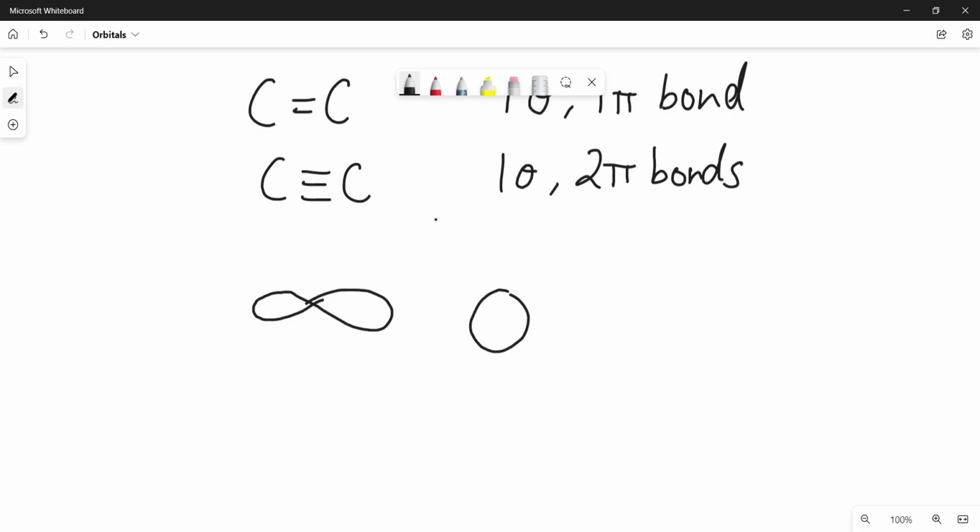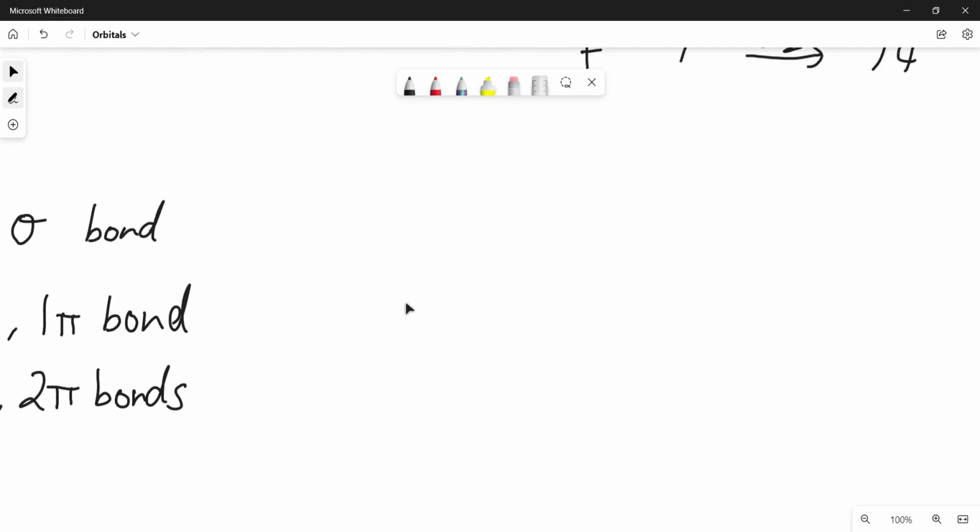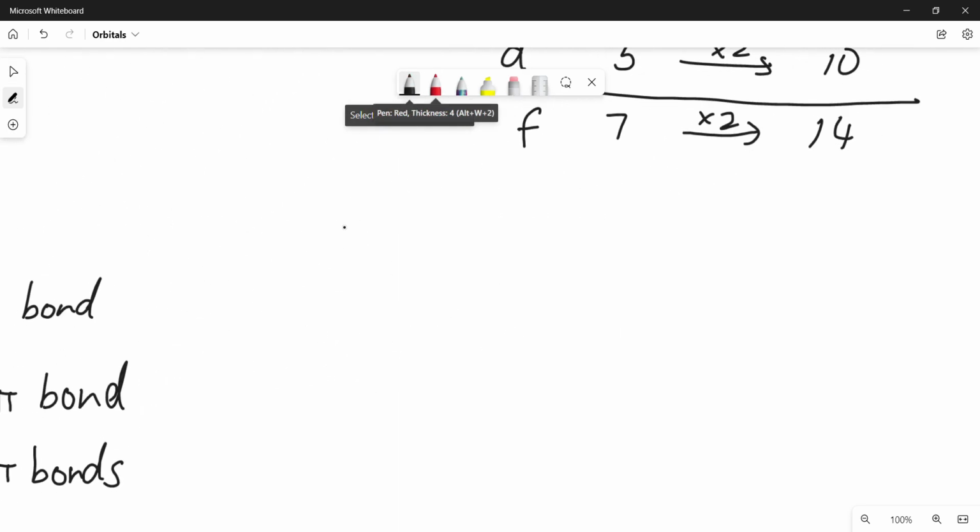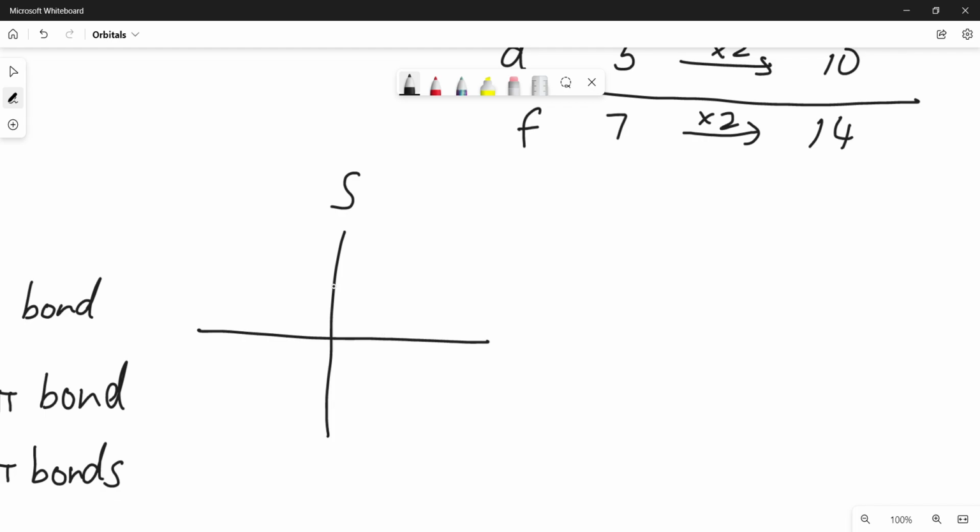Oh, I forgot to show you the shapes of orbitals. Okay, so remember, the shape of an s orbital is just a sphere. You can see that s just stands for sphere. It's not very complicated. We draw an axis here, and we draw it as a circle, but it's technically a sphere.